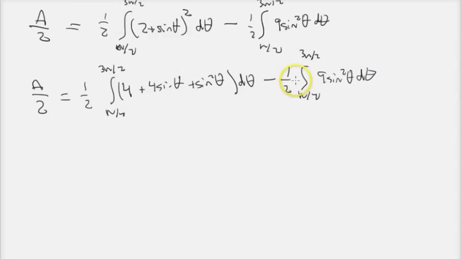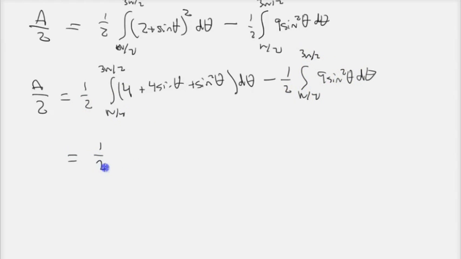So since the limits on the integrand are the same and we're integrating with respect to the same variable, and they're both multiplied by the same coefficient, we can actually put this subtraction sign inside the same integral, and we'll only have to deal with one sine squared theta.